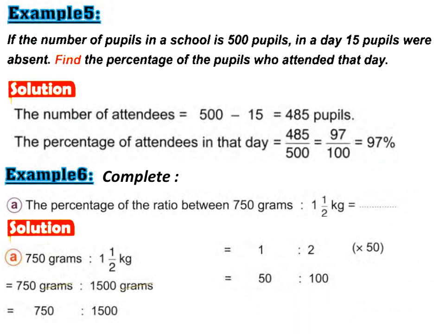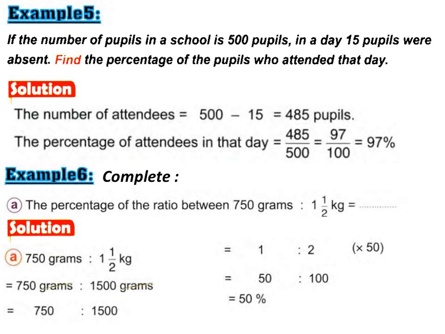This means that the second term equals 100, so it equals 50%. What happened is we multiplied the two terms by 50 to put the second term in the form of 100. Or you can multiply 1 to 2, which equals half, by 100%, and it will be 50%.